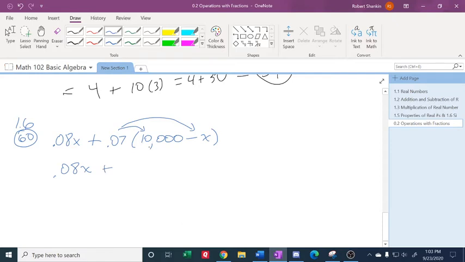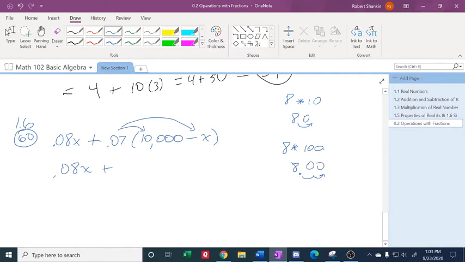When I multiply these two together, I can just pull out my calculator and do it. I can also realize that if I take, let's say, 8 times 10, the shortcut is you take the 8 and move its decimal one place over to get 80. 8 times 100, there's normally a decimal here, but you move it 2 places.